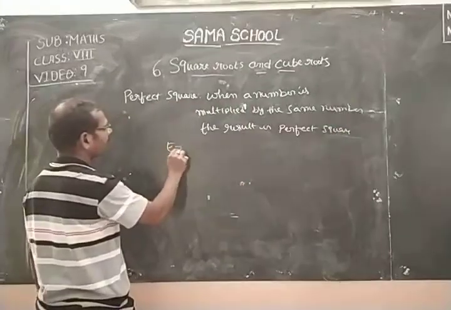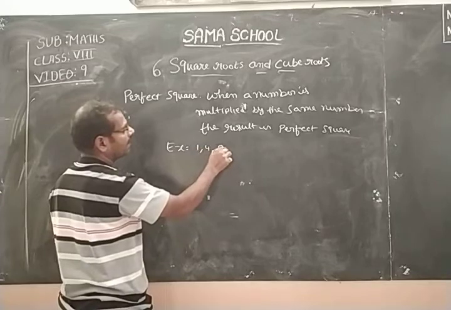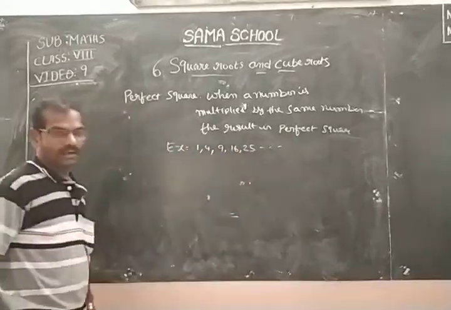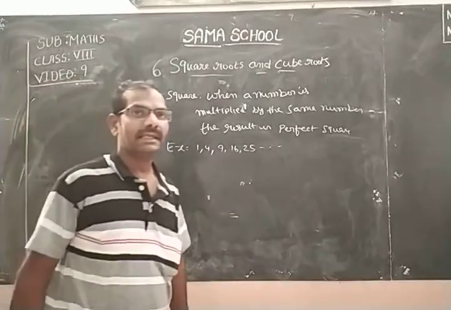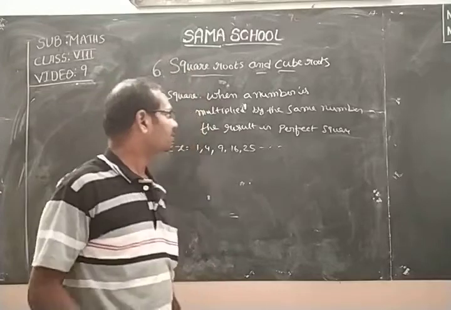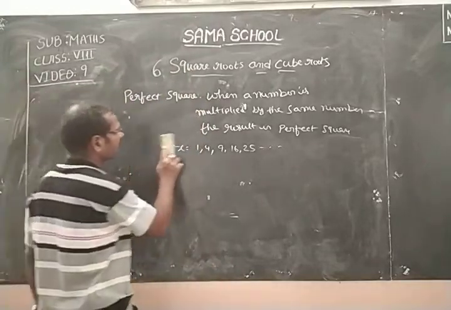Example: 1, 4, 9, 16, 25, etc. That is the perfect square definition over.